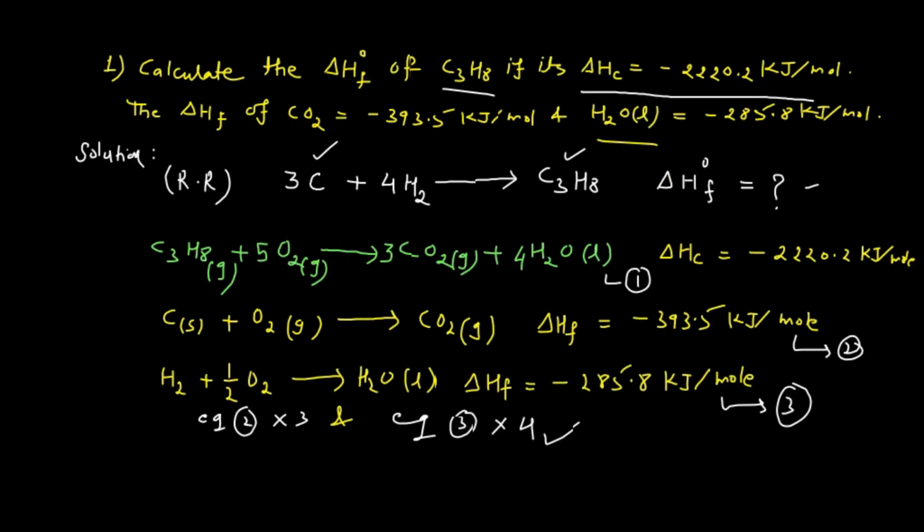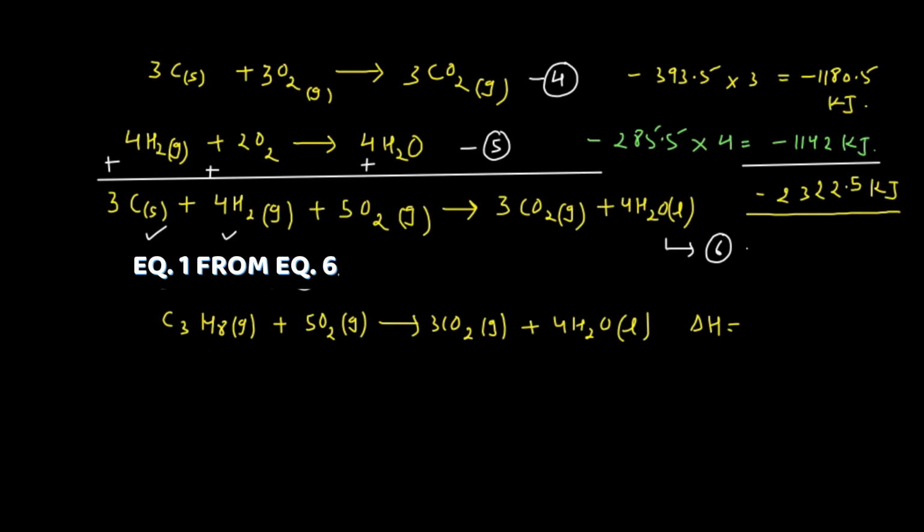Let's go back. The value is negative 2220.2. Delta H equals negative. And then you are having this particular equation. So I'm writing both the equations here. The equation was, you see, 3C, this is your equation number 6, plus 4 of H2 plus 5 of O2, and they are forming 3 of the carbon dioxide and 4 of the water molecule.